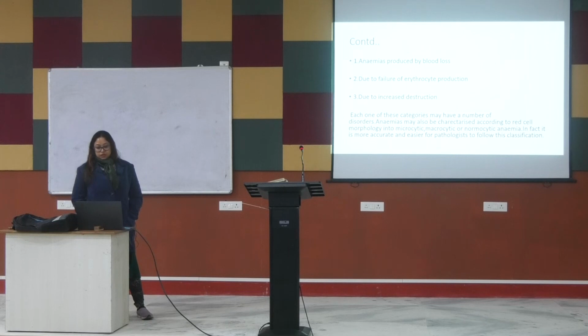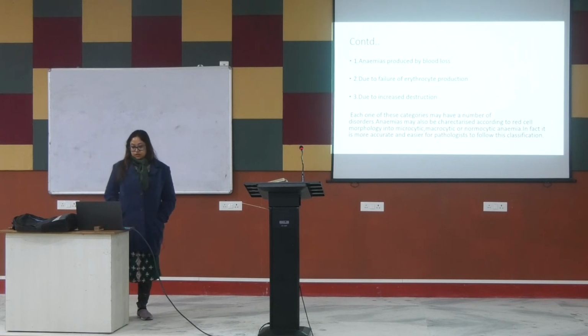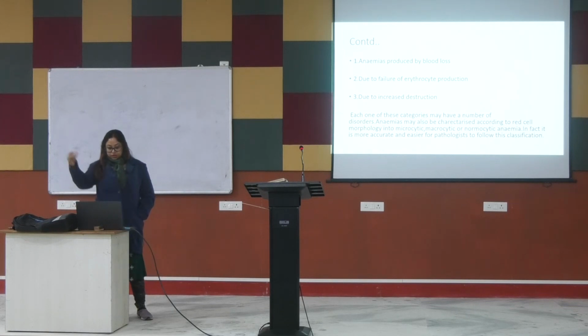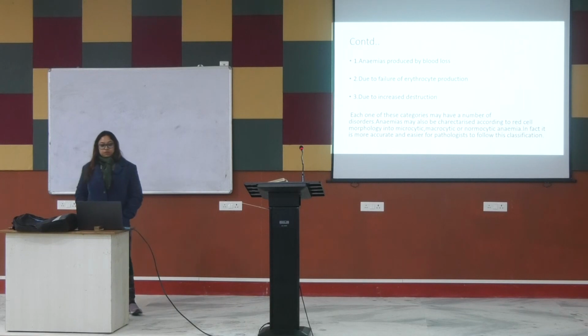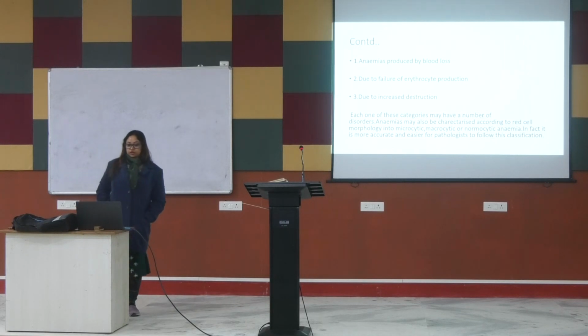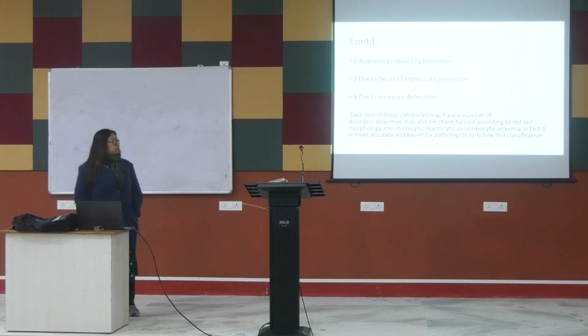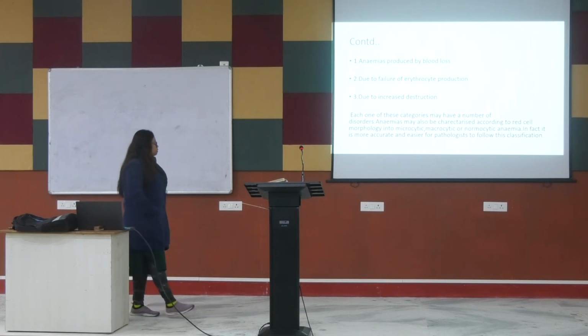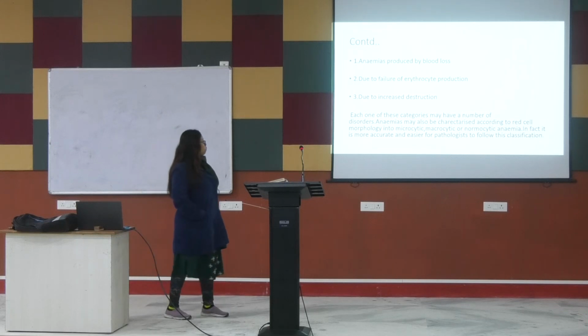So, there is an imbalance between production and existing number of RBCs causing anemia. Each one of these categories may have a number of disorders. Anemias may also be categorized according to the red cell morphology into microcytic, macrocytic or normocytic anemia.